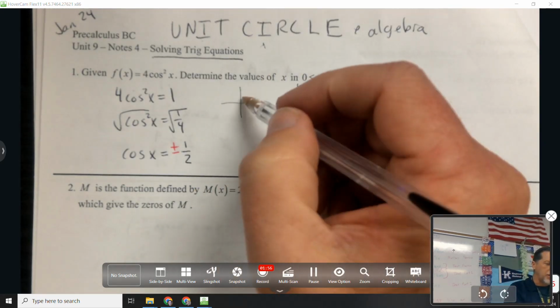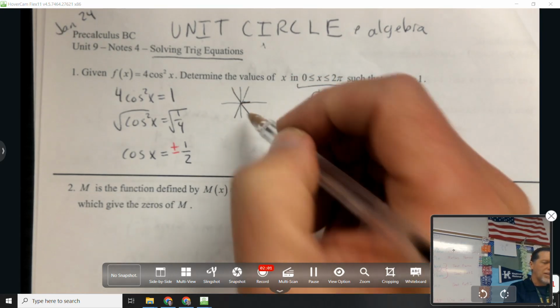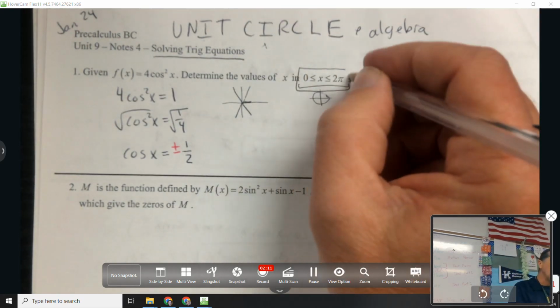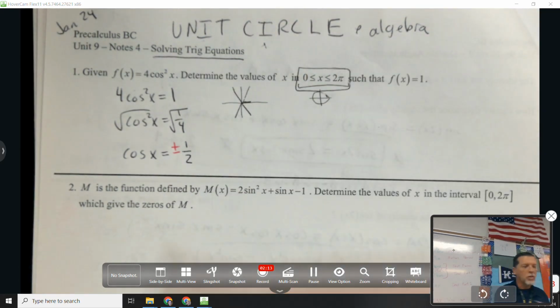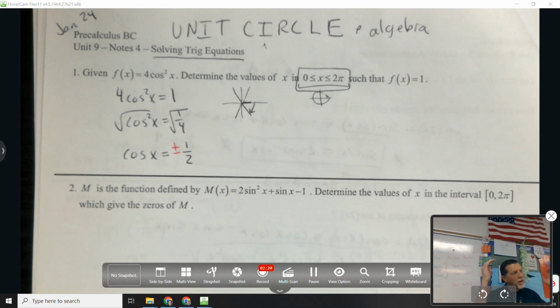Maybe I'm the only one that needs to draw a picture. In fact, pi over 3. Well, careful, I want all of them between 0 and 2 pi. So yes, negative pi over 3 fits the equation, but it doesn't fit the range we're allowed to look in.